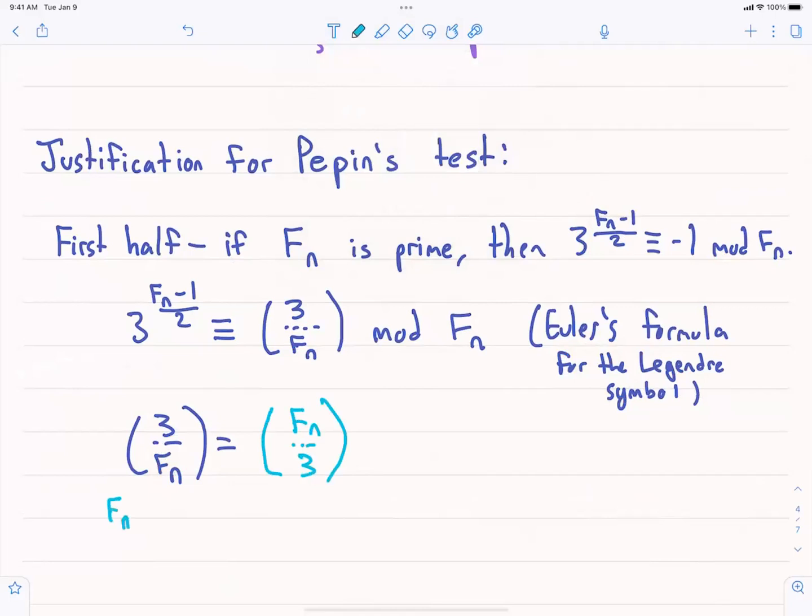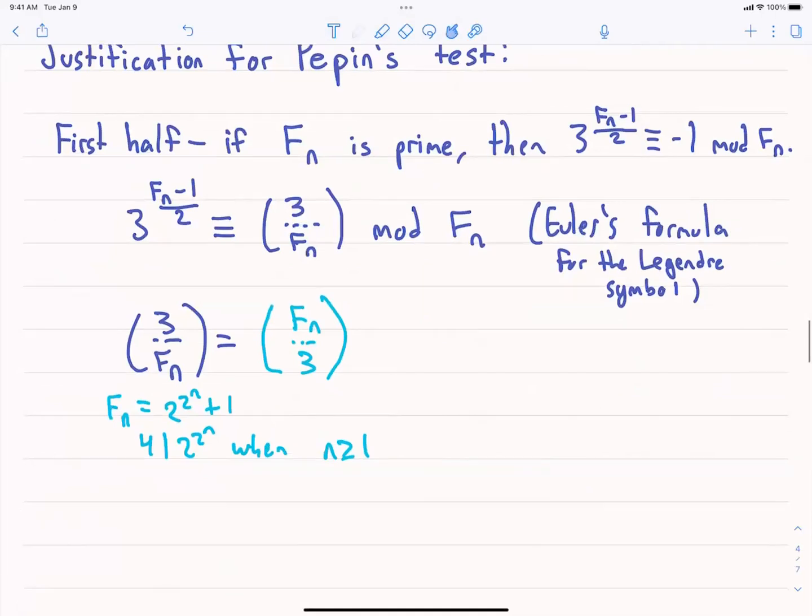But Fn is equal to 2 to the 2 to the n plus 1, and so 4 divides 2 to the 2 to the n when n is at least 1. So that means Fn is congruent to 1 mod 4. So this is quadratic reciprocity using the fact that Fn is congruent to 1 mod 4, so that we know we don't get a negative sign here.